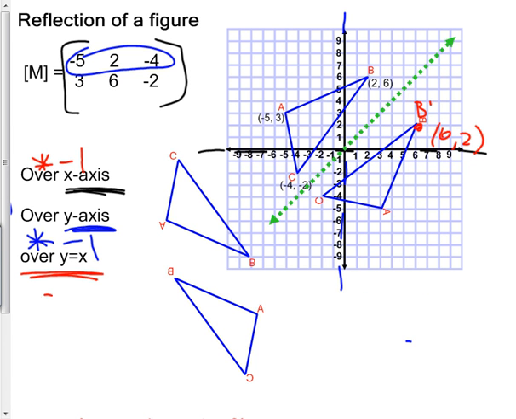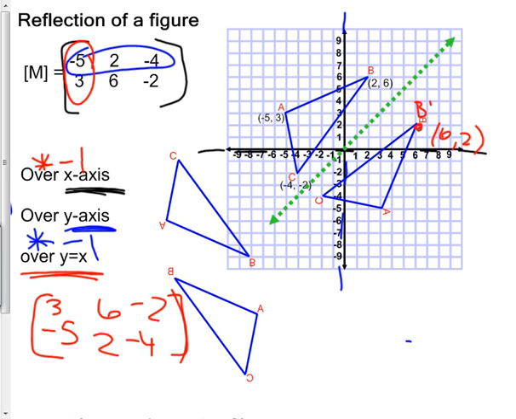We could just take this and flip our points. So I'd flip these: 3, negative 5, 6, 2, negative 2, 4. So you're flipping your x's and y's when it's over y equals x.